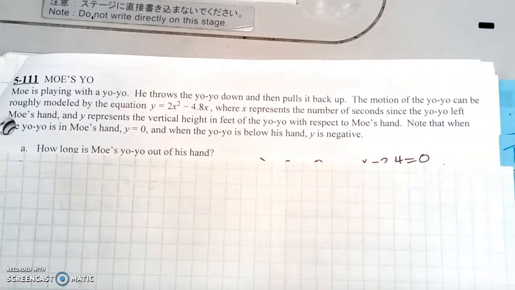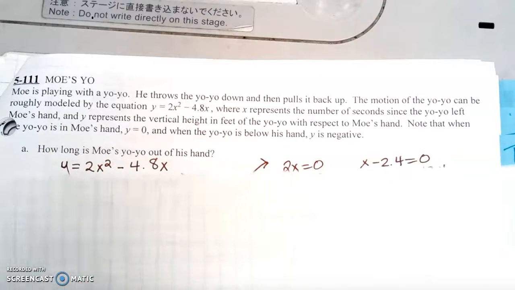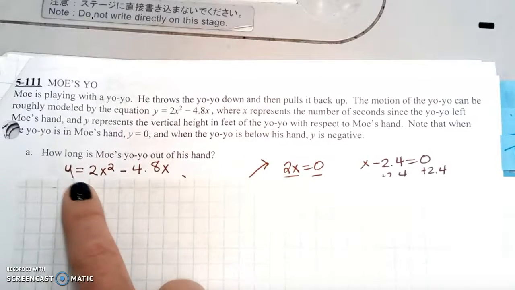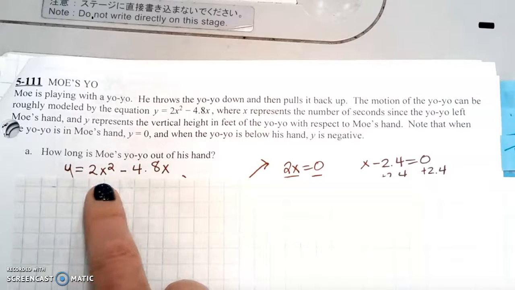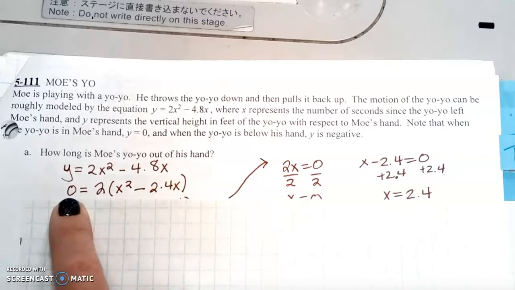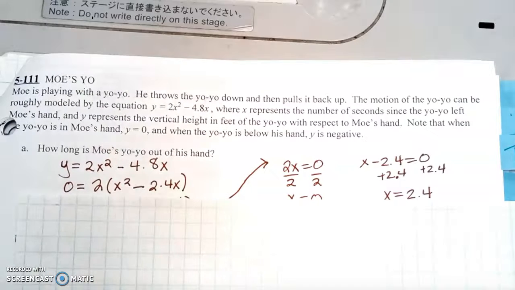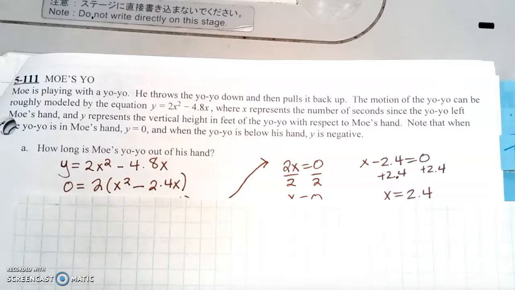Okay, so for part A, it says how long is Mo's yo-yo out of his hand? So we're going to take the equation y equals 2x squared minus 4.8x, and we're going to set it equal to 0, mostly because it tells us to in the problem, and then we're going to see if we can factor anything out.